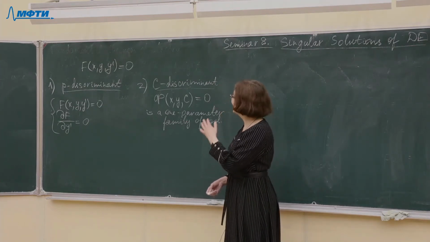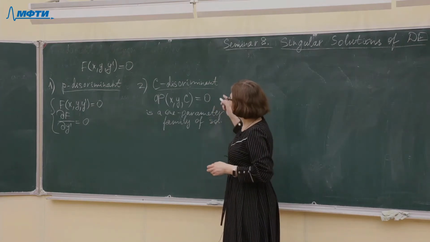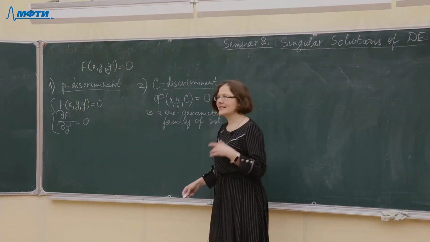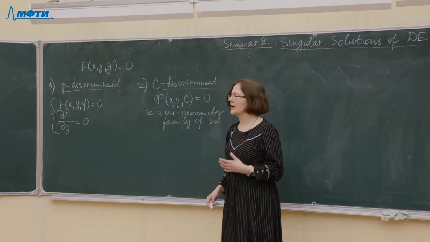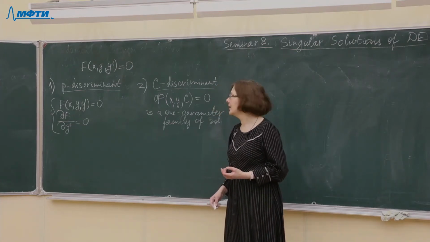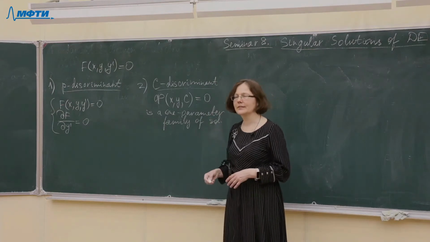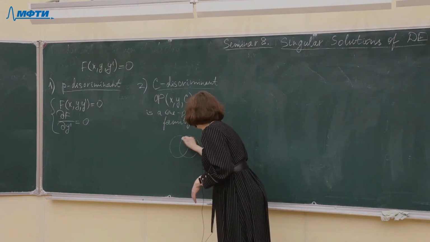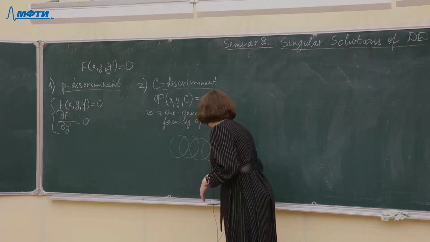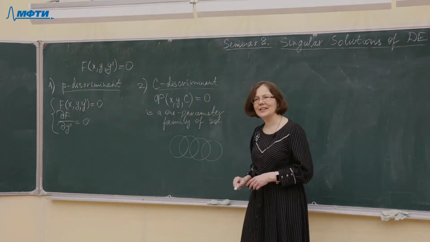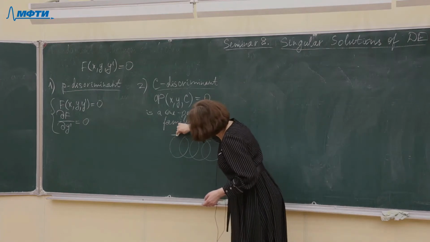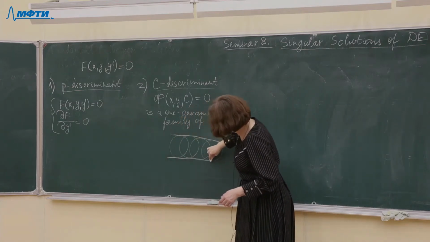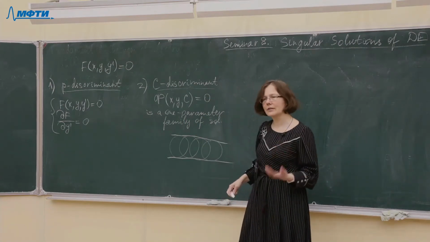Right, maybe a new topic. So one parameter family of solutions, and a singular solution is found as an envelope of this family, right? For example, what does it mean? Do you know the term envelope? Some curve which is tangent to the family of curves, right? It's called an envelope.